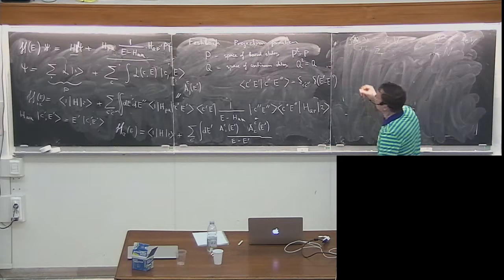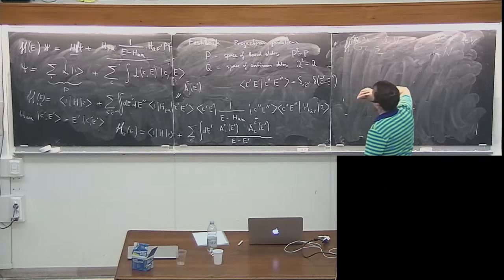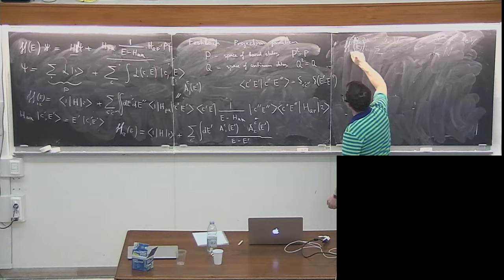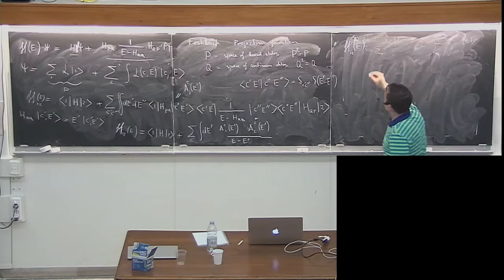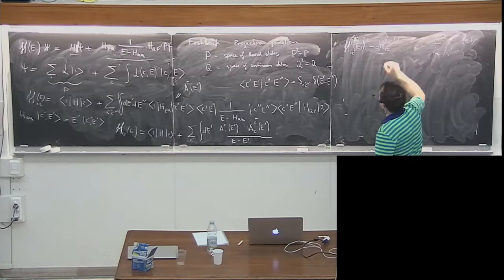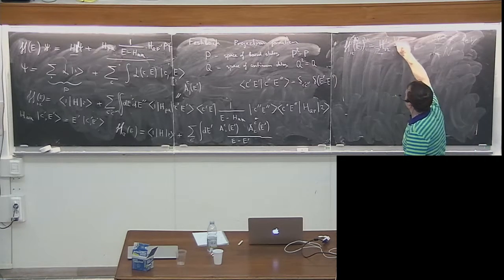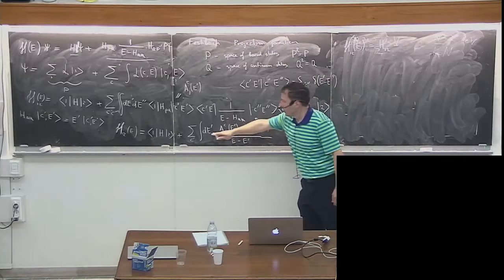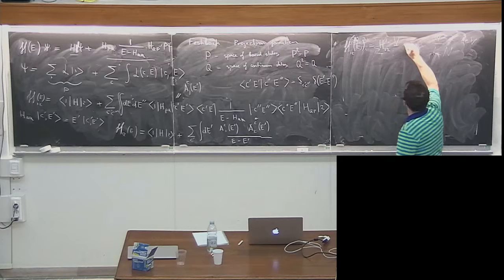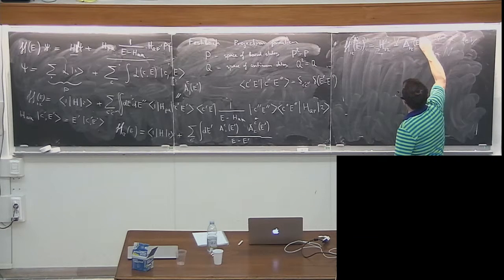So what I can write is that my effective Hamiltonian, which is energy dependent, between 1 and 2 equals my original Hamiltonian between the intrinsic states 1 and 2, plus a principal value, which is just this integral. So I will have delta 1,2, which depends on energy.